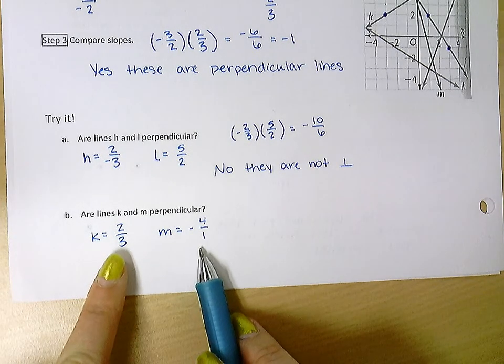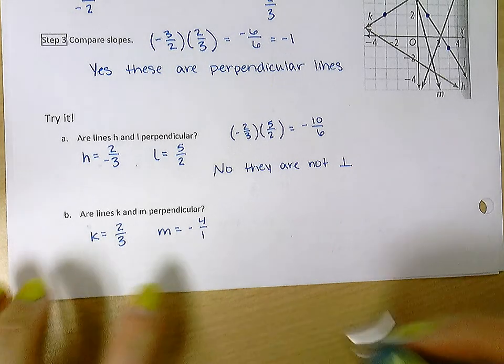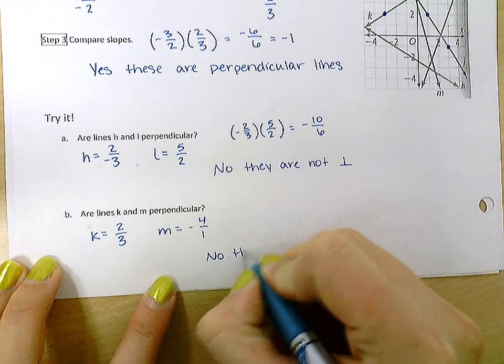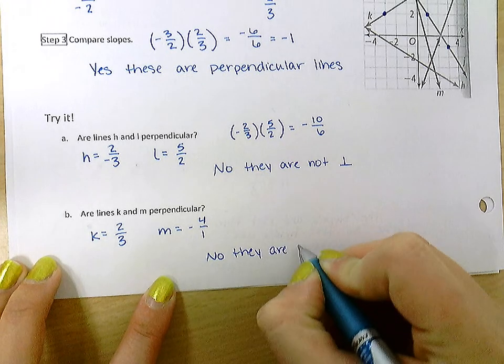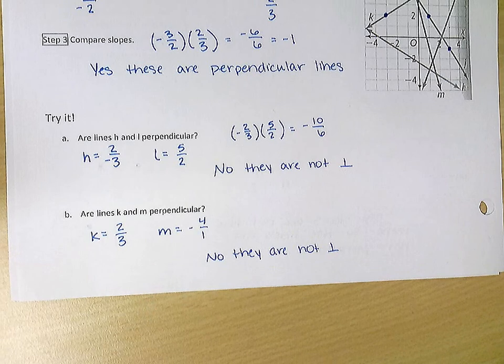Okay, if I multiply these two together, do I get -1? No. So no, they are not perpendicular. Questions?